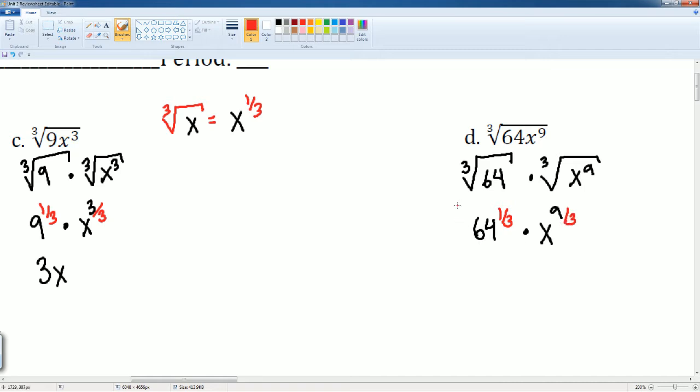If you plug this into your calculator, let's see what that becomes. This is your cube root, so this becomes the value of 4 times 9 over 3 just becomes the value of 3. So we can say the answer here is 4x cubed.